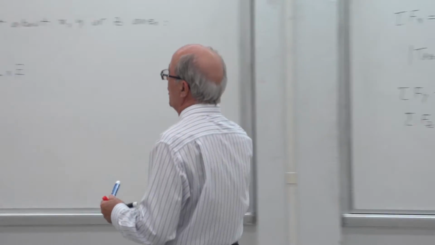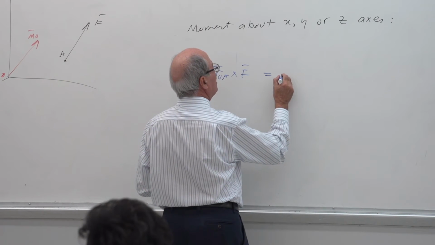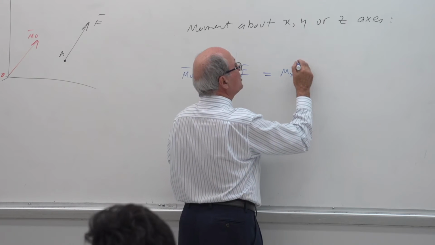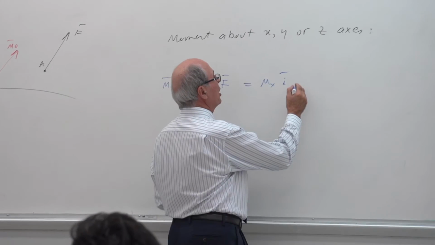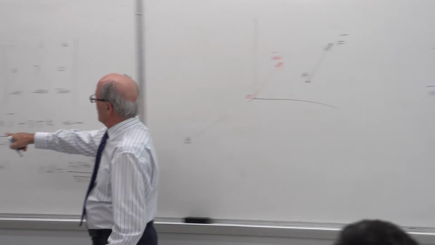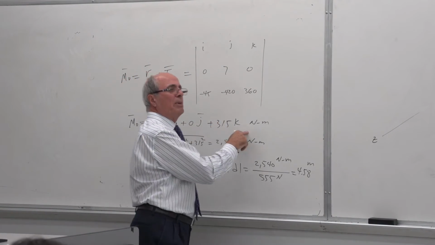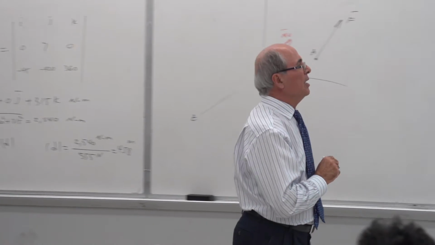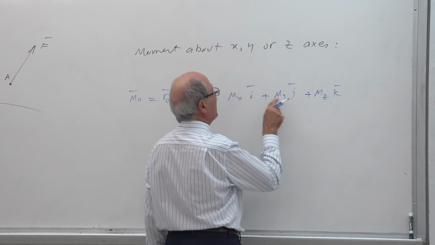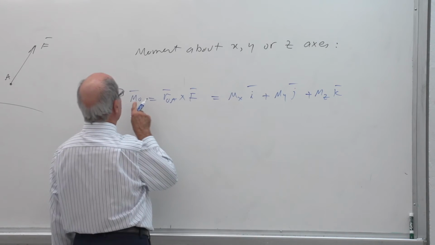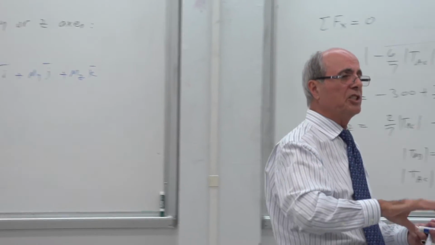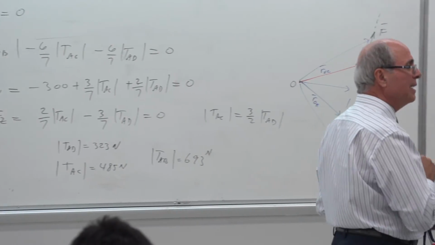Then I said, remember, it becomes i, j, k, so it ends up being a number times i, plus a number times j, as you see here, a number i, number j, number k, and then plus Mz k. What are these Mx, My, Mz? Those are the projections of this moment over the x-axis, y-axis, z-axis. It's called a rotation about the x-axis, y-axis, and z-axis.